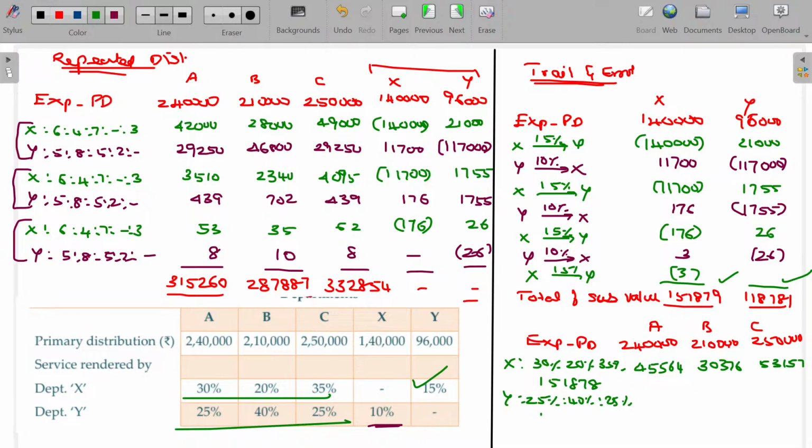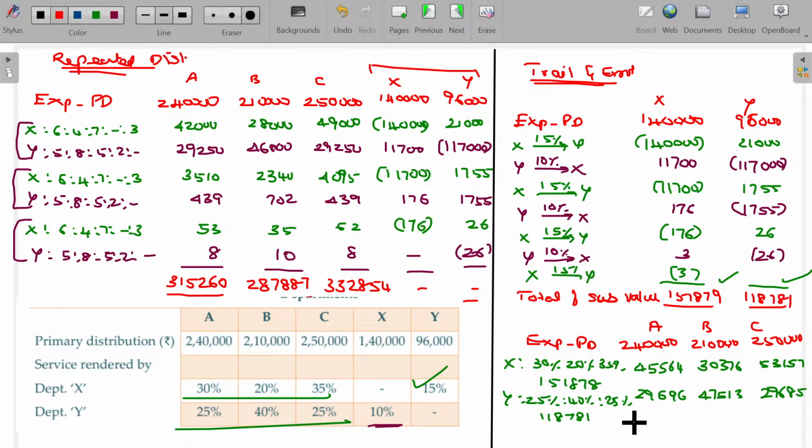This value, 1,18,781. In that 25%, 29,696, I can round up to the next number. 47,513, 29,685.